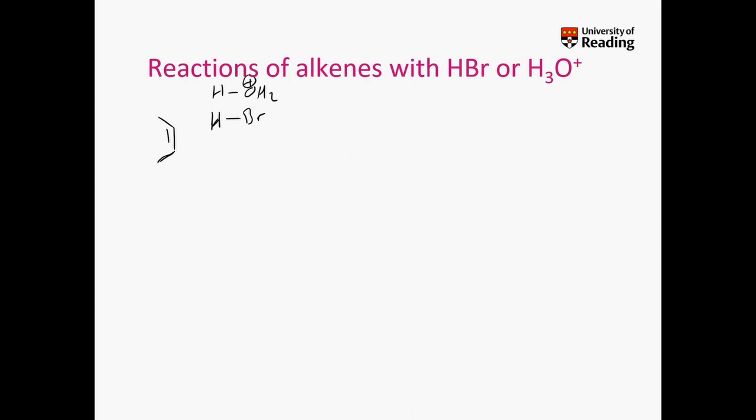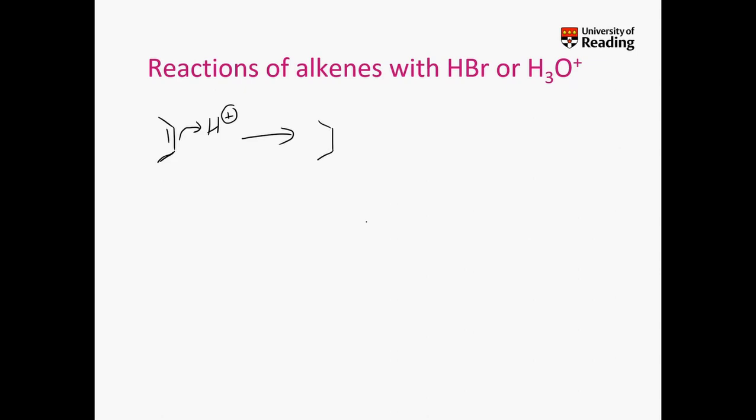So both of these give us effectively a source of H+. So let's just simplify by saying, okay, we recognise if we have something like HBr or H3O+, what that really means is we have a source of H+. So we're going to use our alkene as our nucleophile, and we're going to attack the electrophile.